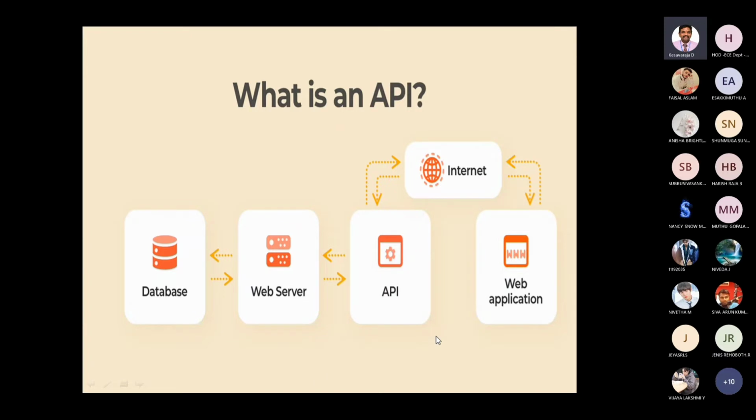So what is an API? The theme of this 1 hour session is generating an API. It's for the database. Postgres is the database. You are writing a Flask web server, which provides an API, which provides a link. The link is accessed via the internet, and you can create any kind of front-end design and access the database.